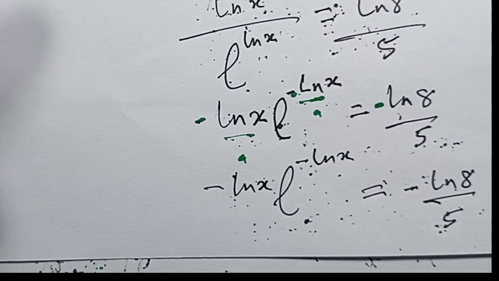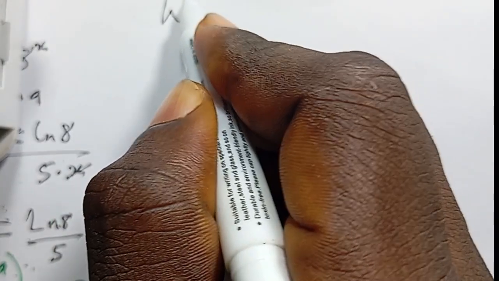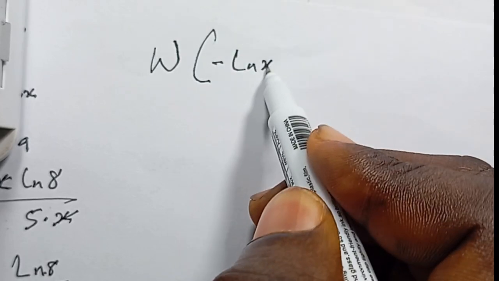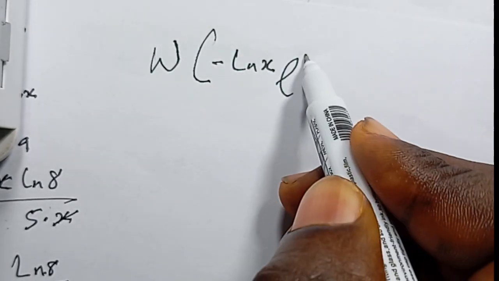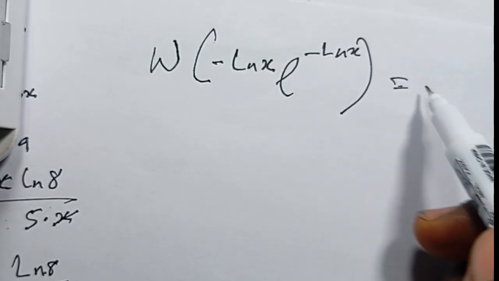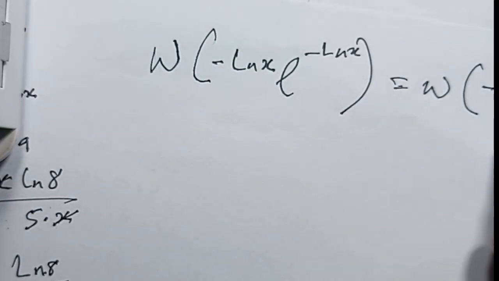So now we can pass it the Lambert W function, and when we do that, we're going to have the Lambert W function of negative natural log of x times e to the power negative natural log of x is equal to the Lambert W function of negative natural log of 8 divided by 5.